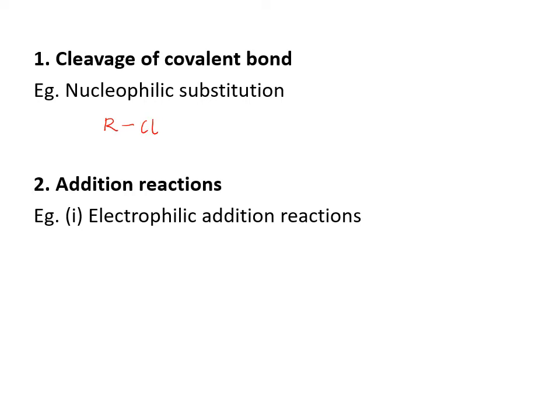An alkyl halide in presence of nucleophile, a pair of electrons is shifted to the more electronegative halogen atom. So the movement of the pair of electrons is represented by the curved arrow notation. Then another example is in addition reactions, electrophilic addition reactions.